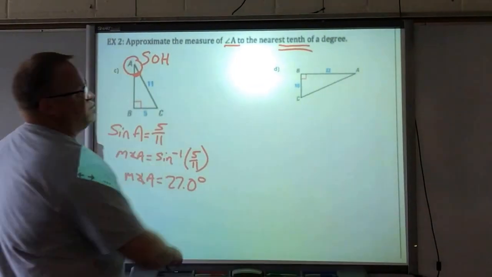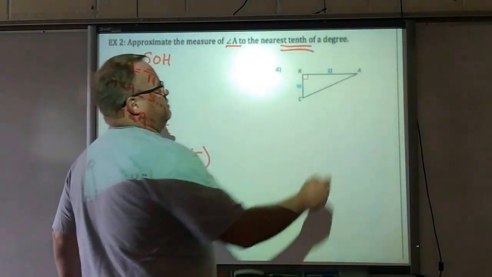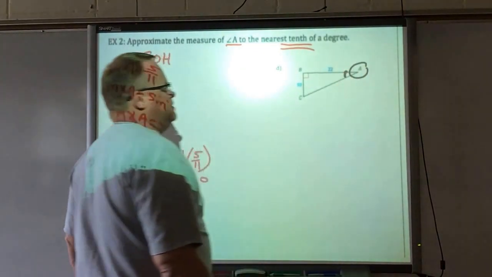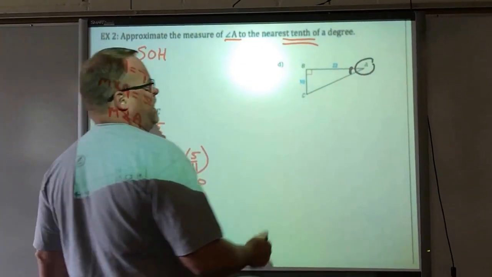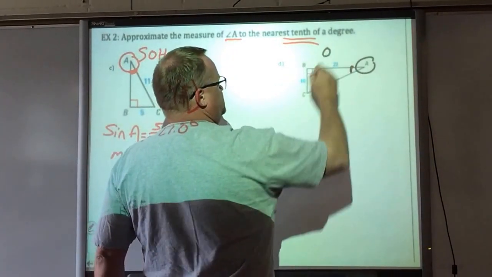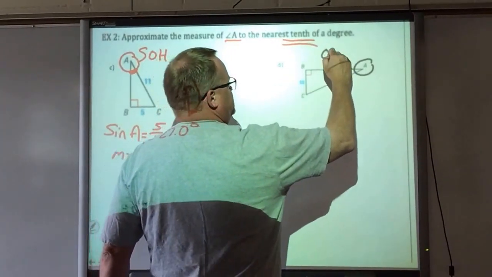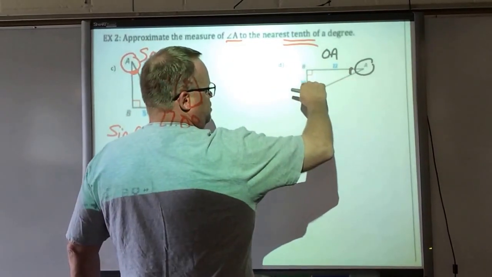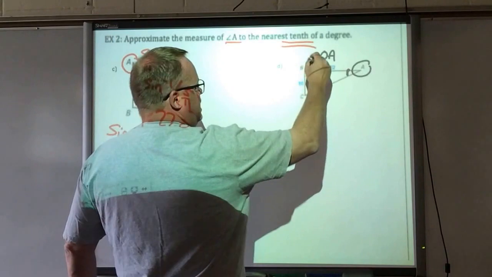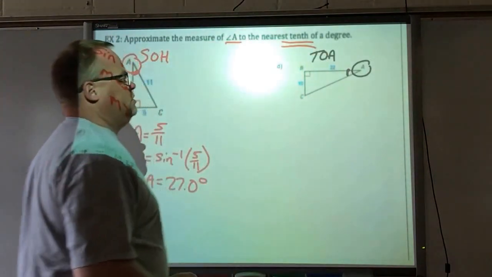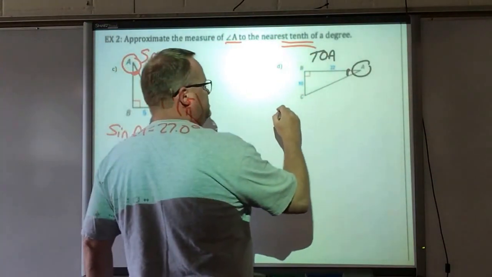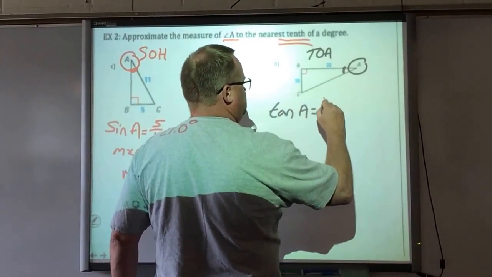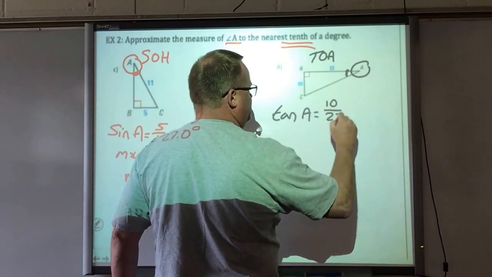Last one. Measure of angle A to the nearest tenth. That's the one I want. This one I have an opposite over here and an adjacent, because this is my hypotenuse. So opposite and adjacent, that is going to be a TOA. So the tangent of angle A is equal to opposite 10 over adjacent 22.